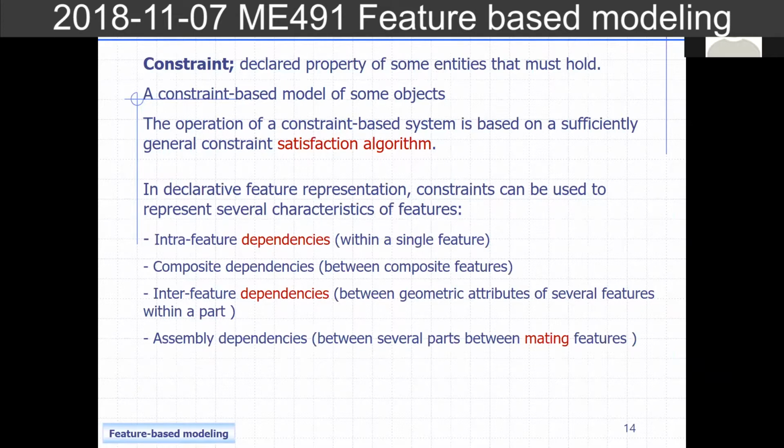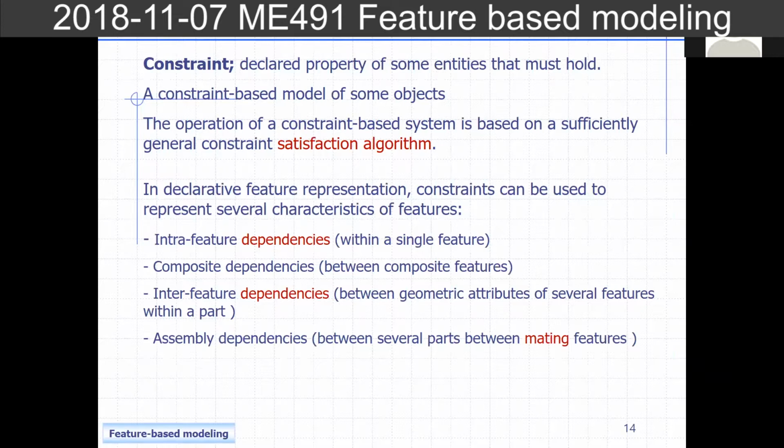It's declared, and when it's declared, with an enough complete set of constraints, a constraint satisfaction algorithm is used to solve all the system of equations.